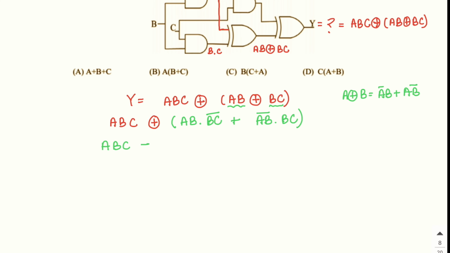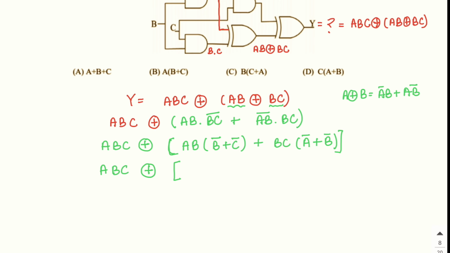So we have ABC XOR with AB, and as per De Morgan's law, we have B bar plus C bar, plus BC times A bar plus B bar. Then if we move further and open the brackets, we have AB multiplied with this B bar, that is AND with this, so this comes to be 0. So we will be left with A B C bar. And on this side, we'll be left with A bar B C.